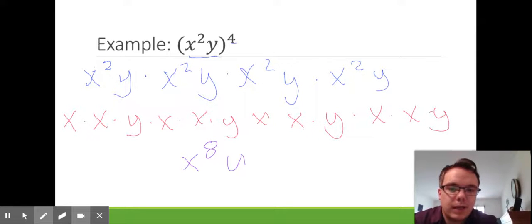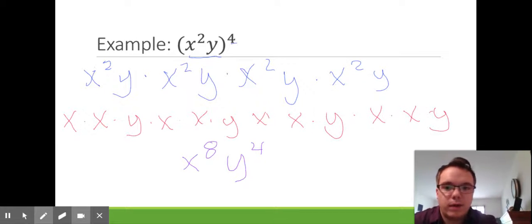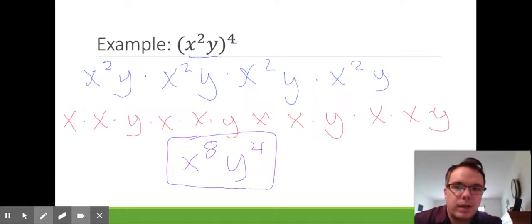So we're going to multiply that times y to the 4th. And we technically do not need the multiplication dot in between to show multiplication, just like if we had 2y to the fourth, x to the eighth times y to the fourth can be written as x to the eighth, y to the fourth. And that is our answer for this problem. X squared y to the fourth power gives me x to the eighth, y to the fourth.